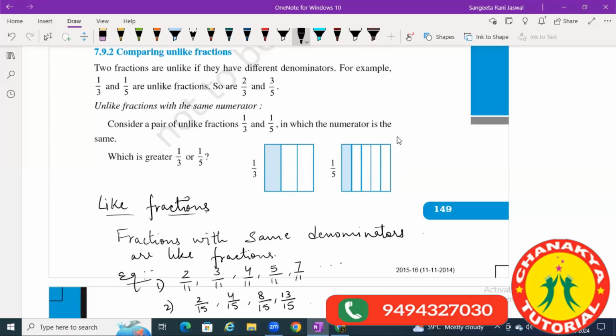Okay, so please write the heading, unlike fractions.